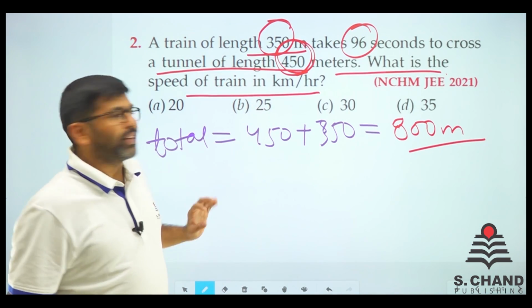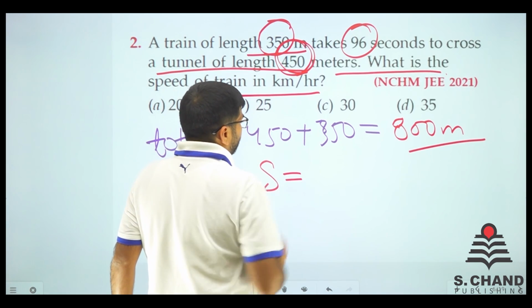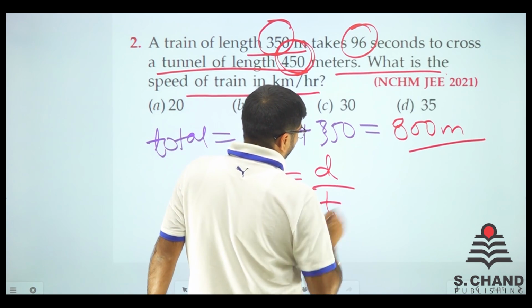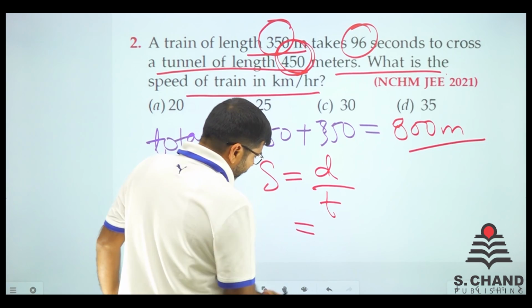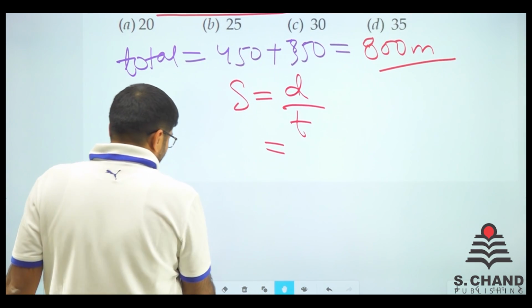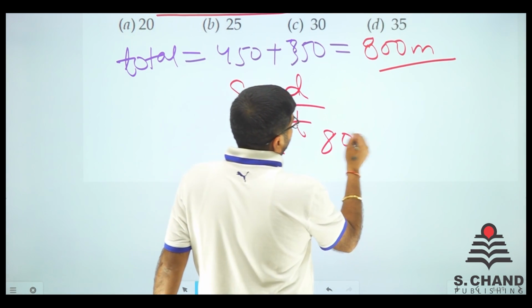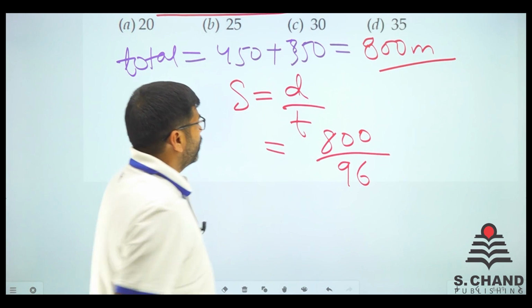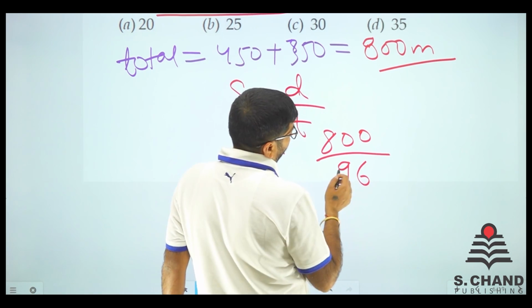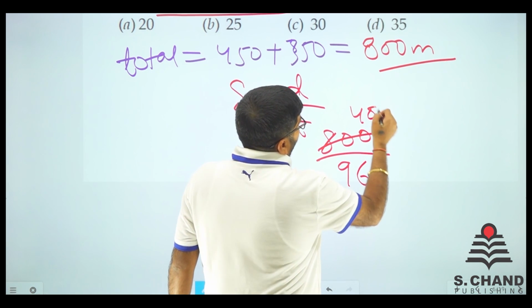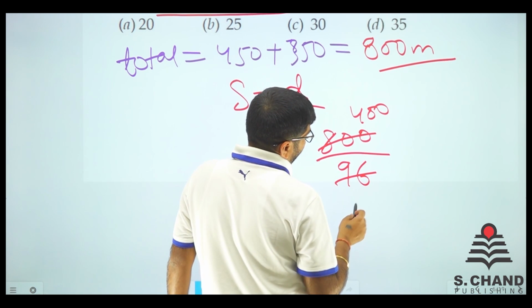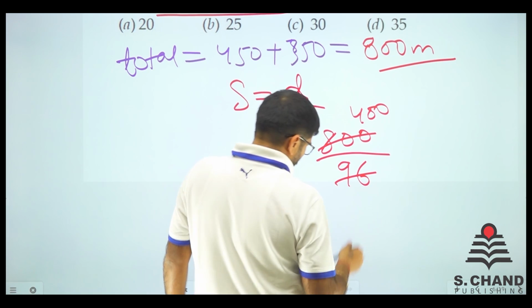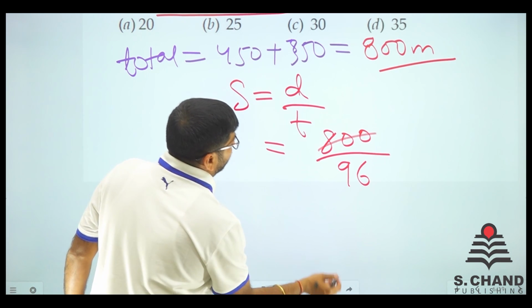Now time is 96. Formula is very simple. Speed is equal to distance upon time. So what we do is, distance is given 800 and time was given 96 seconds, right? So first we do the basic calculation. Do it like 400 and 96, cut directly by 4.